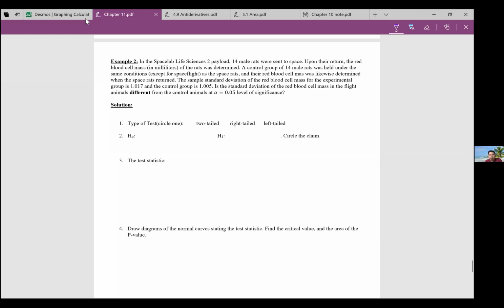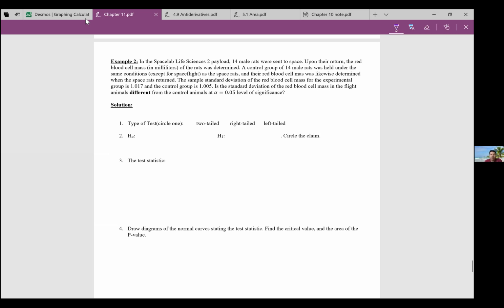Their red blood cell mass was likewise determined when the space rats returned. The sample standard deviation of the red blood cell mass for the experimental group is 1.017 and for the control group is 1.005. Is the standard deviation of the red blood cell mass in the flight animals different from the control animals at the alpha equal to 0.05 level of significance?